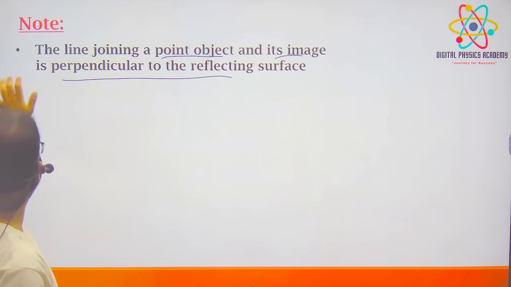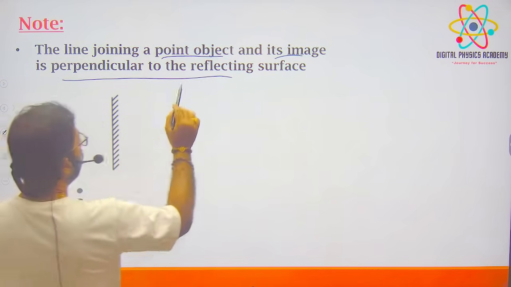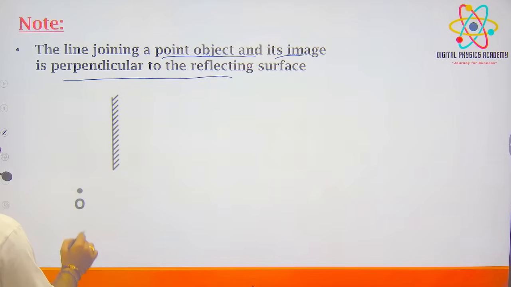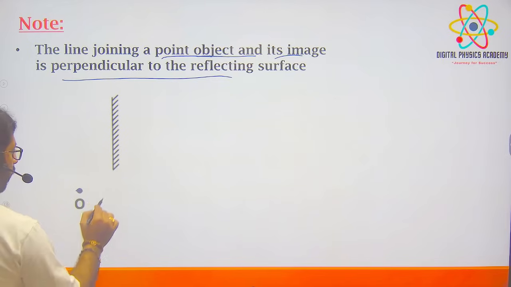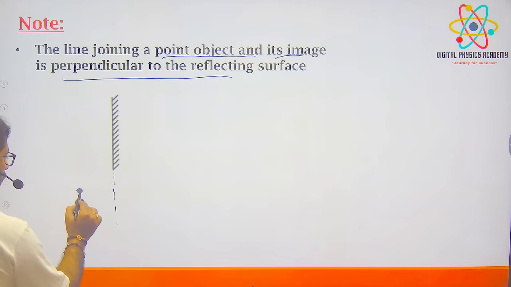Note: the line joining the point object and the image is always perpendicular to the reflecting surface. Suppose I put an object here and the mirror is there. I extend the line.